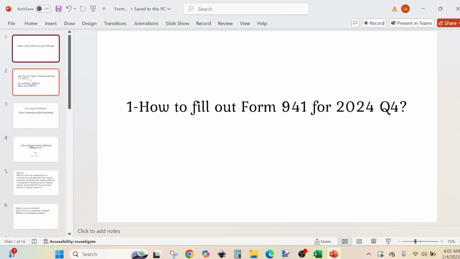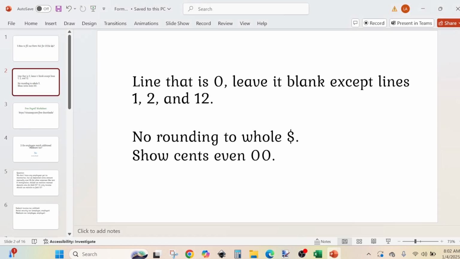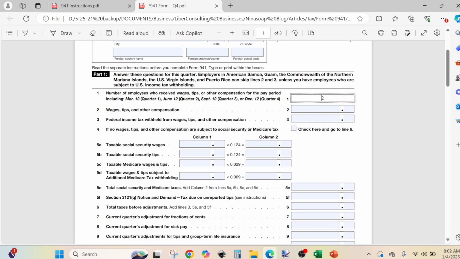What I'm looking for though, I took note of that, is that if a line is $0, leave it blank except lines 1, 2, and 12. And you do not round, you show your cents. With that in mind, for lines 1, 2, and 12, if it's 0 for you, it's important to put 0 for the dollar area and 00 for the cents area.